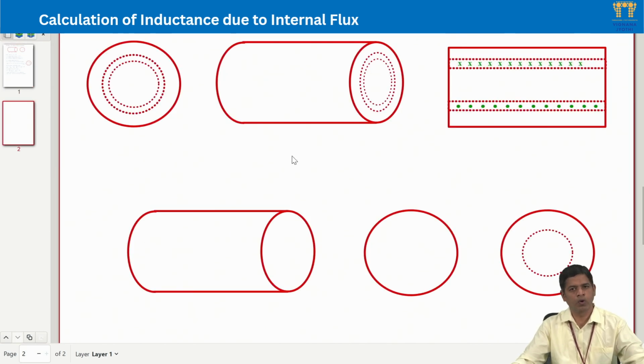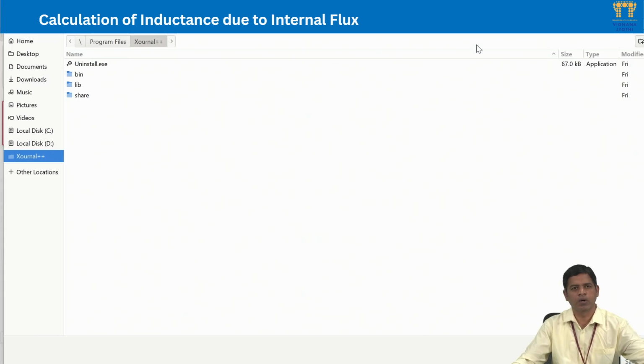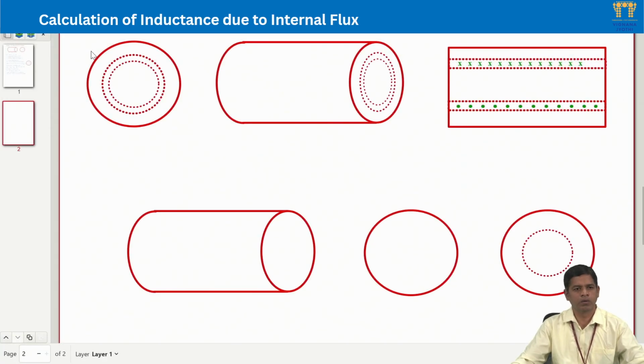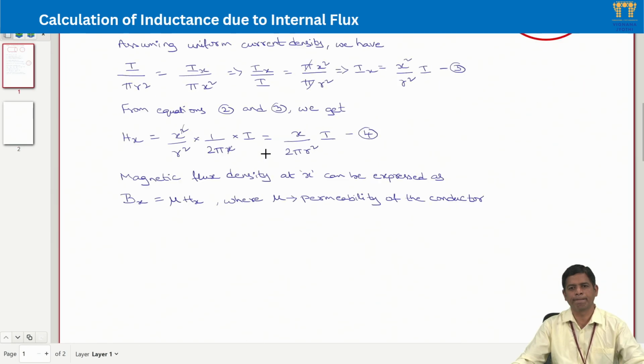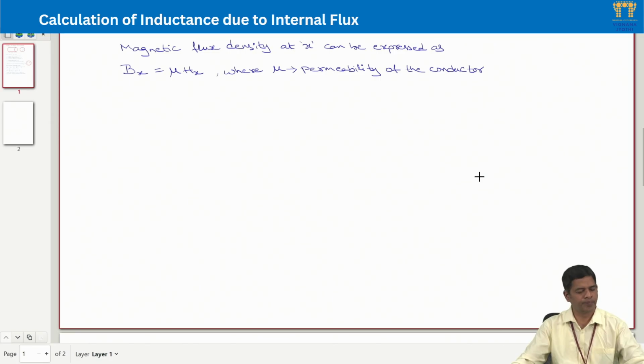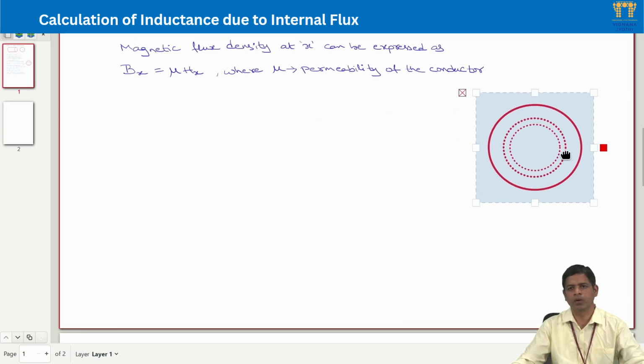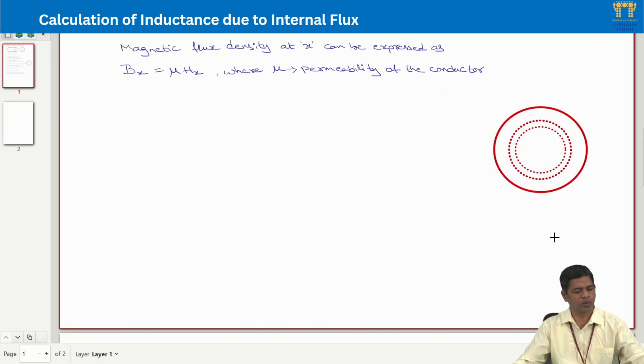So what I do is I just take this tubular element which is at x meters from the center of the conductor. So this is x. So this distance is dx basically.